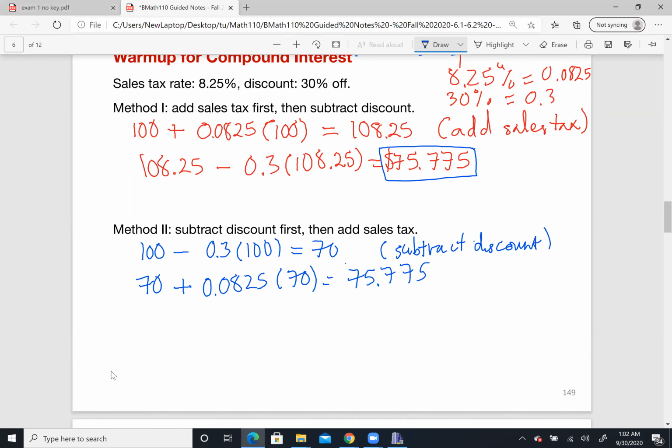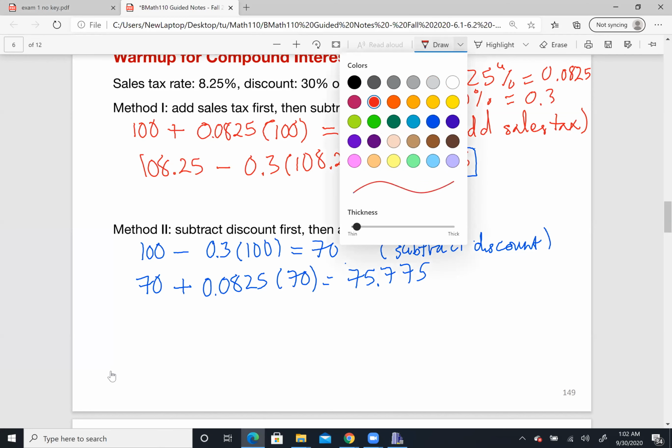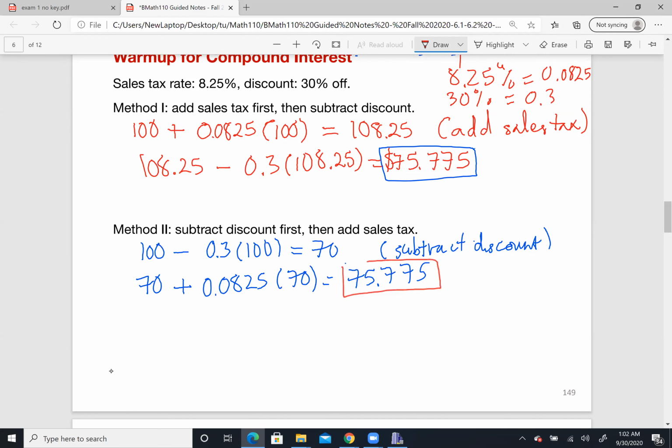Okay, let me circle this. All right. So you can see that now the answer of both methods is the same.